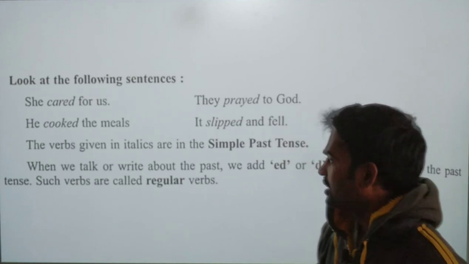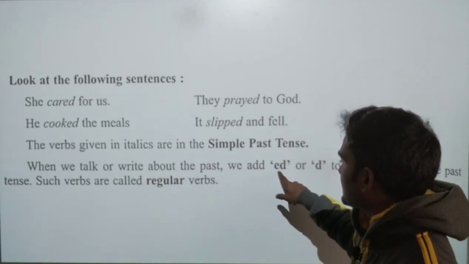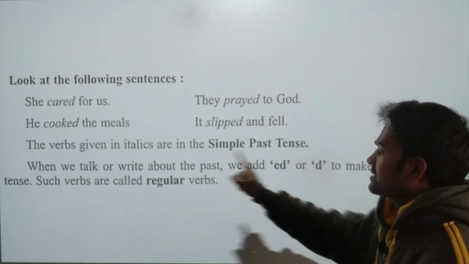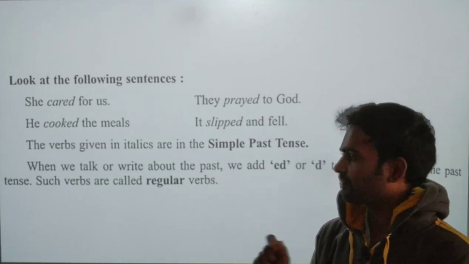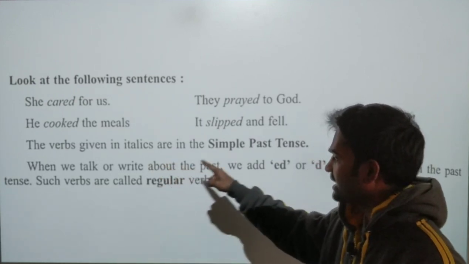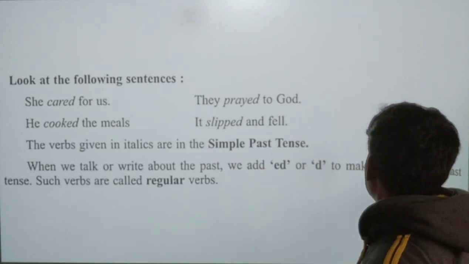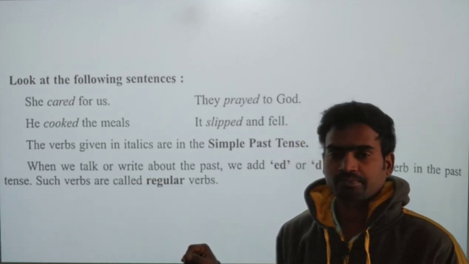And today, when we talk or write about the past, we add ed or d to make a verb in the past tense. This we have to listen carefully. Such verbs are called regular verbs.